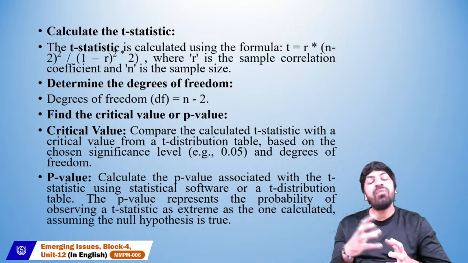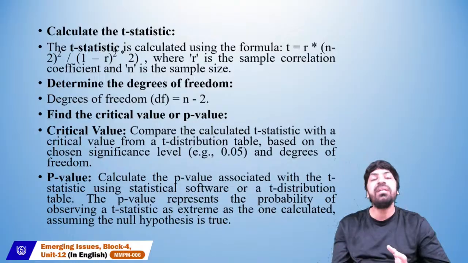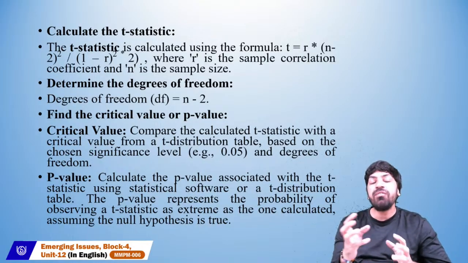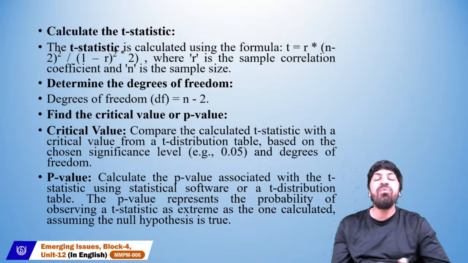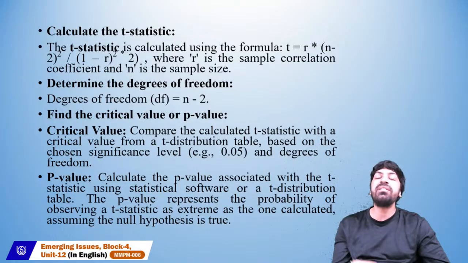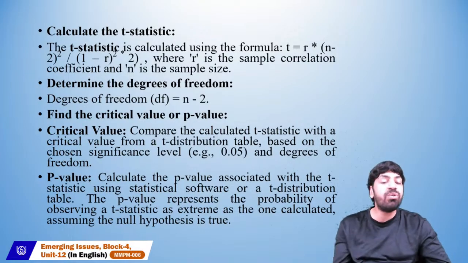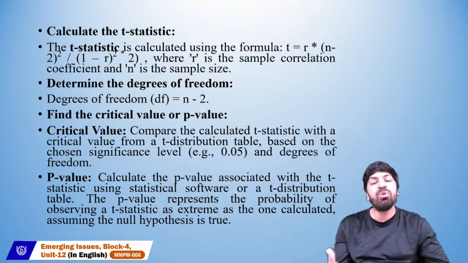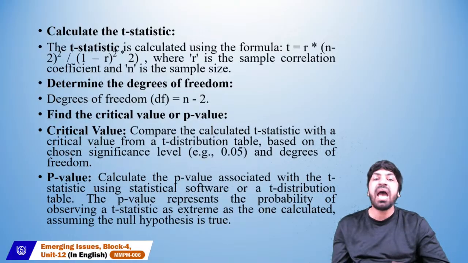Once you compare the calculated t value from the formula with the table value at the significance level, or alpha level, that is 0.01 or 0.05, let's take an example where the significance level is 0.05 and use the degrees of freedom.